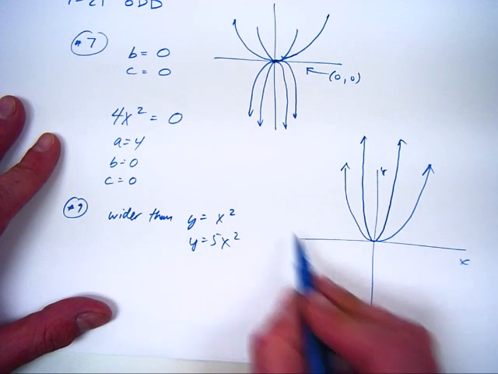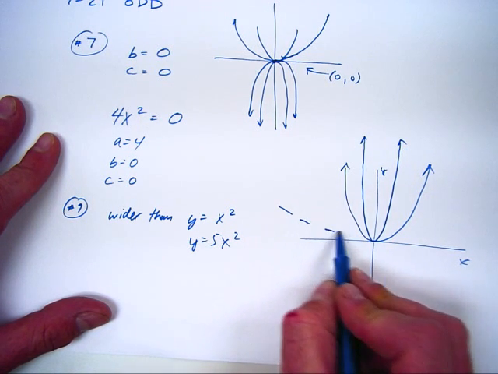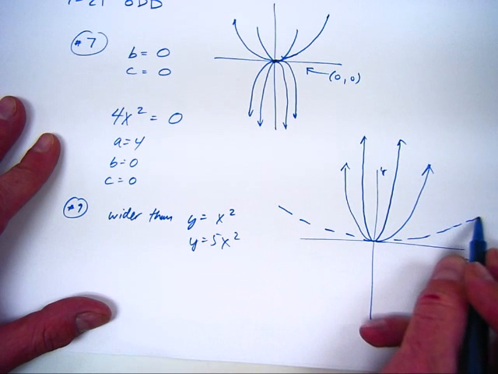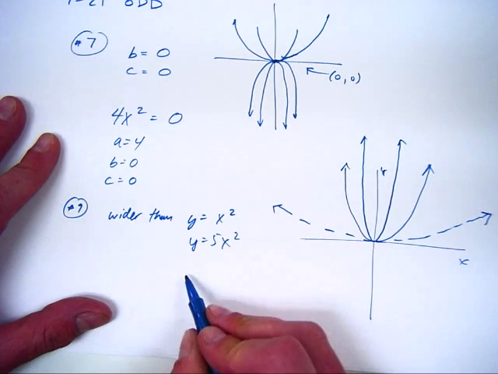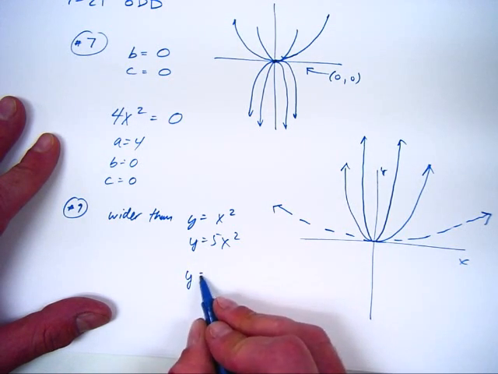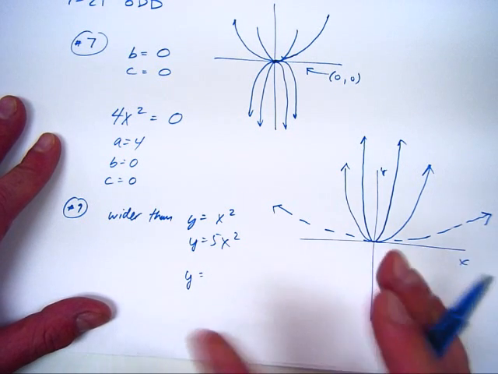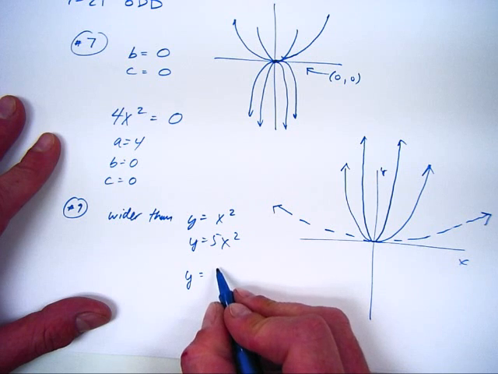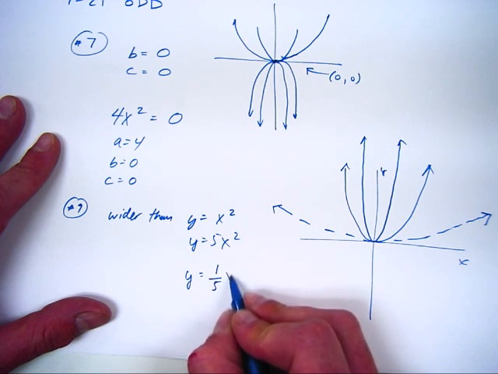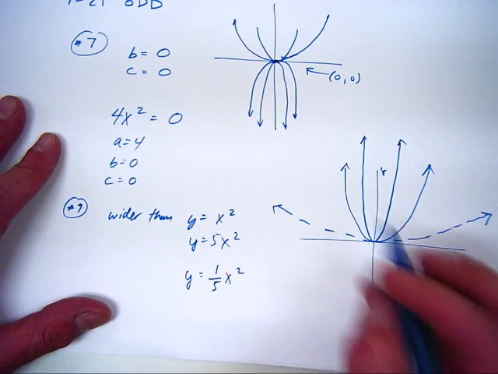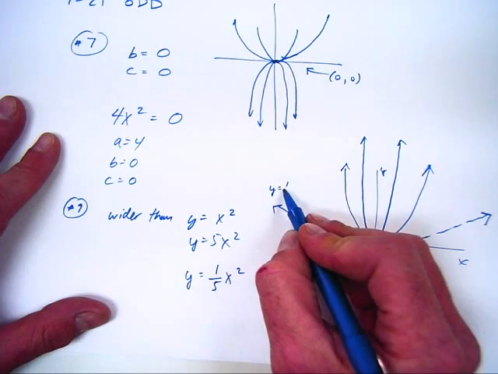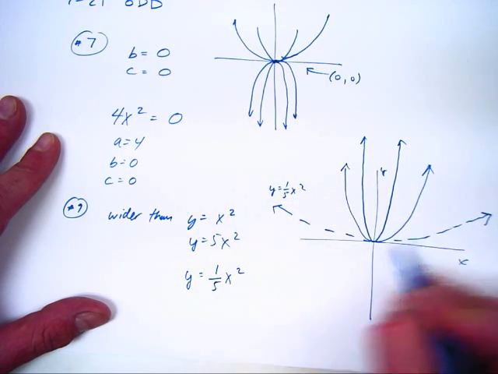But something that's going to be wider, like this, which is what they want for the question, a is going to have to be between 0 and 1. It can be positive or negative, but the absolute value of it has to be between 0 and 1. Basically, it means it has to be a fraction. So if I say 1/5 x squared, that's going to work. y equals 1/5 x squared. It's going to look something like this.